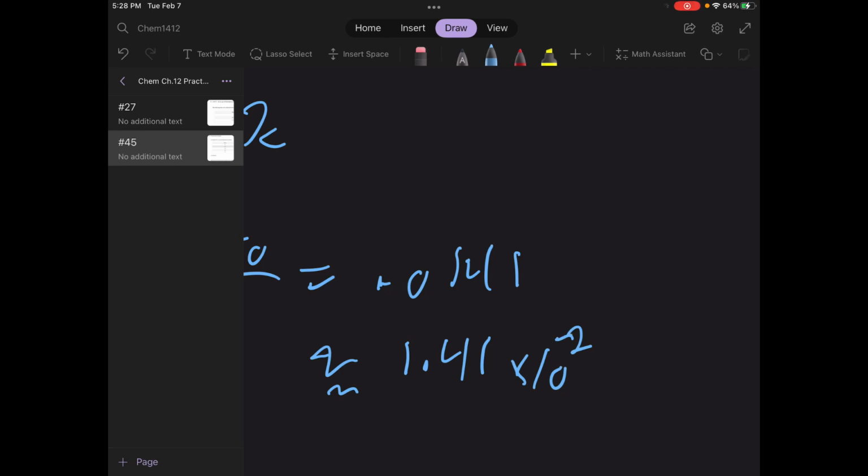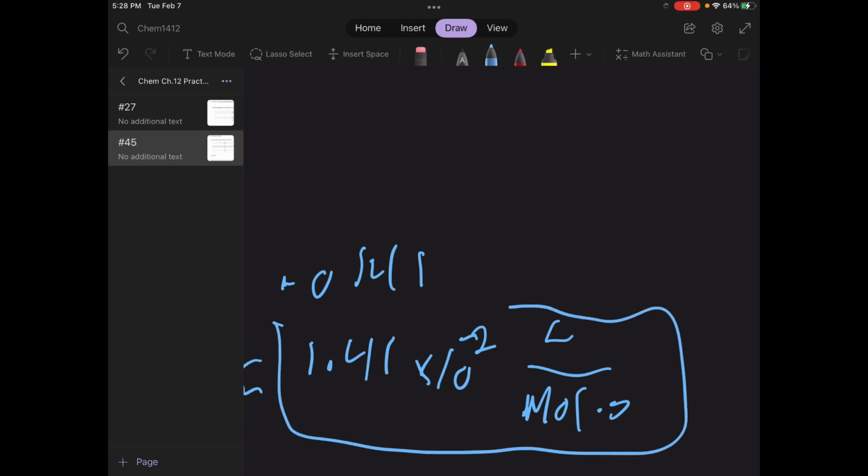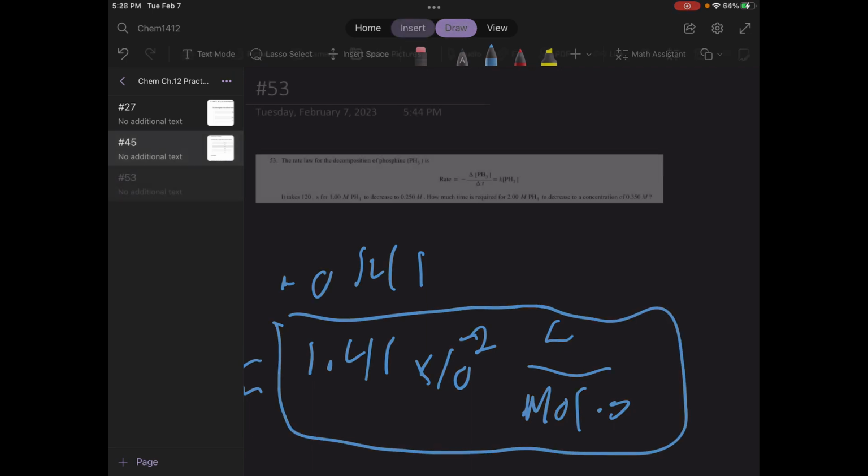The units are liters per mole second. And that is the value of k. And that's it for this question.